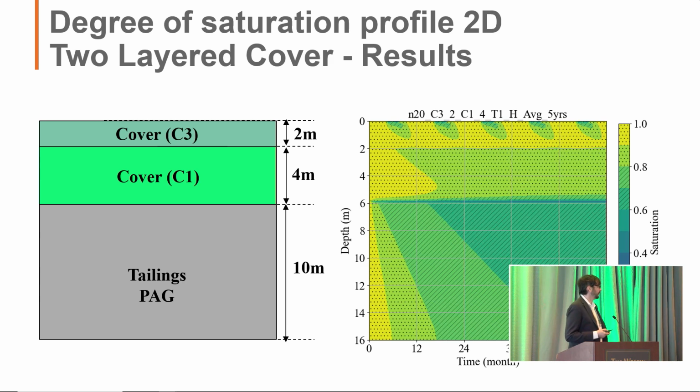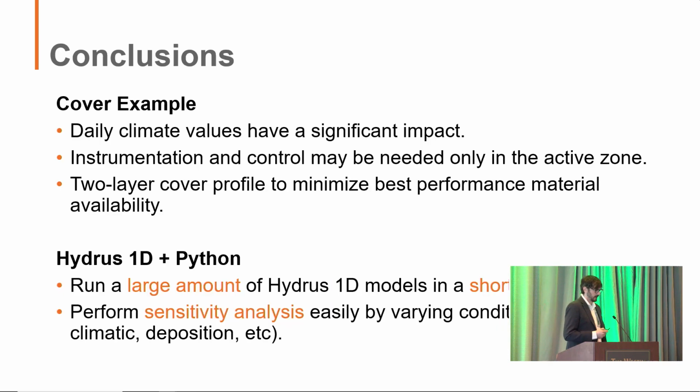So we are just adding a less thick layer, and then below that another cover which is not as good as the first one. We can see that the oxygen ingress will be limited in the upper side. So that's what it was about.